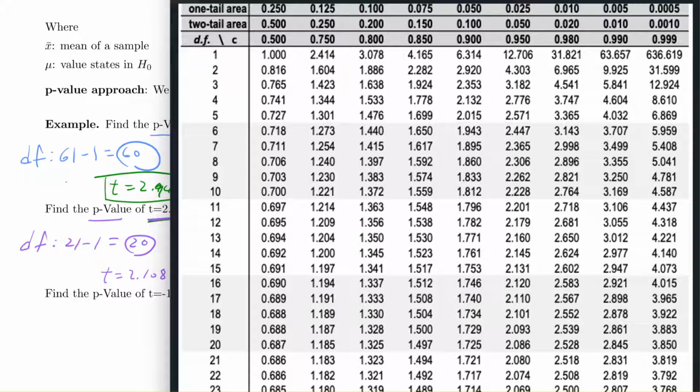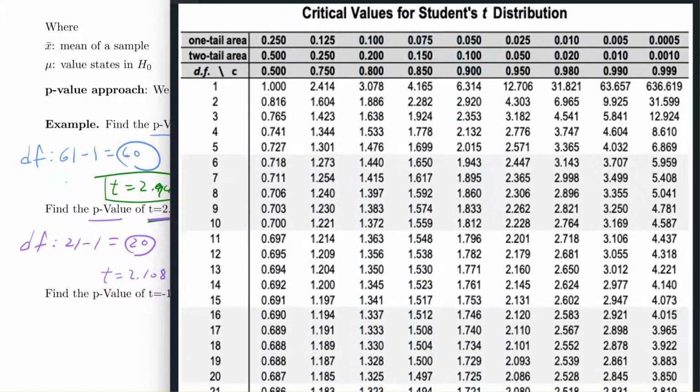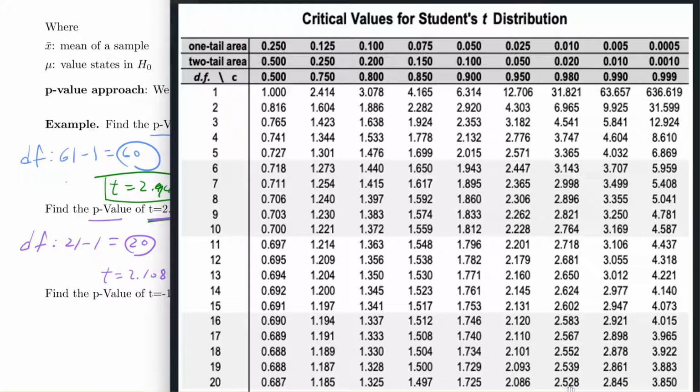And then the p-value for 2.108 must be between these two values. For 2.086, the p-value is 0.05 because we're looking at two-tail. And for 2.528, the p-value is 0.02. So the p-value for 2.108 must be between these two p-values.